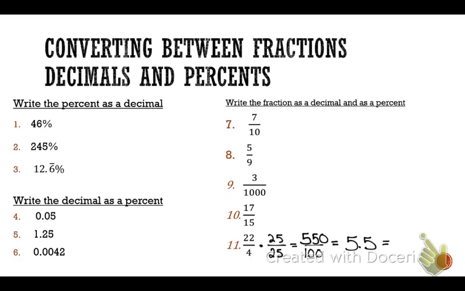When I divide by 100, Miles, I'm moving my decimal. That's 5.5, guys. Okay, and what is it as a percentage? 550%.